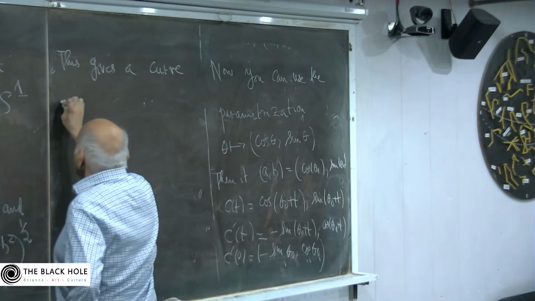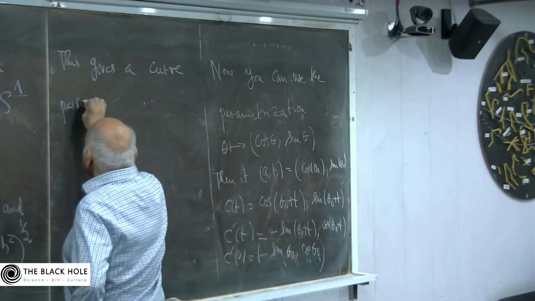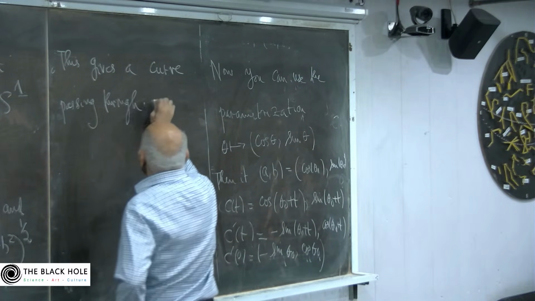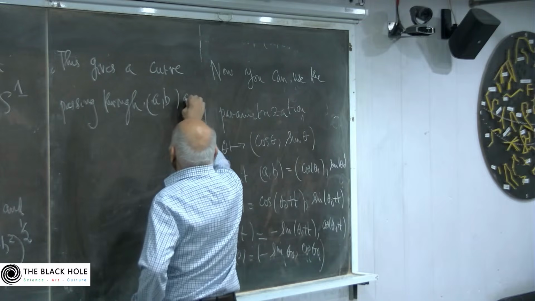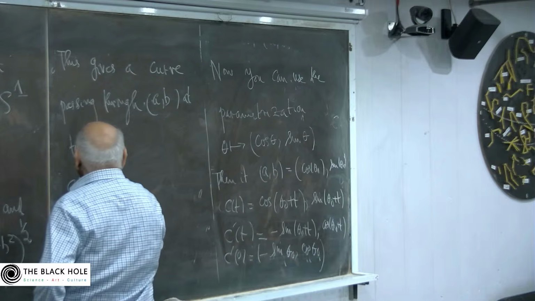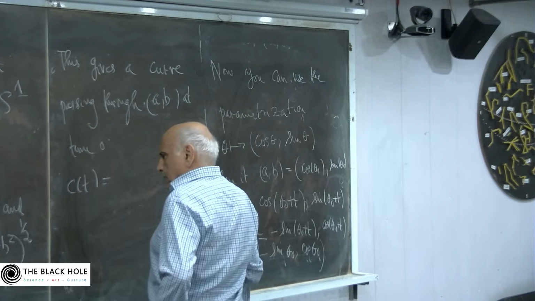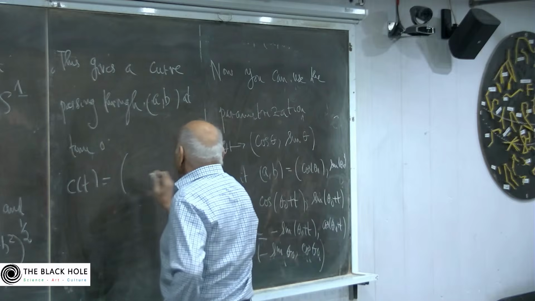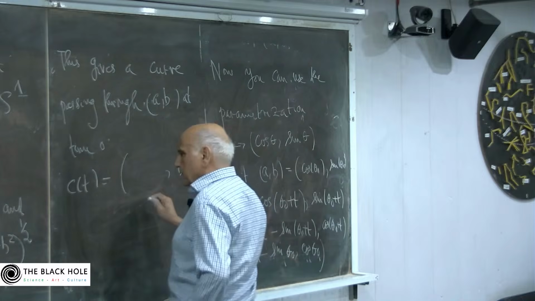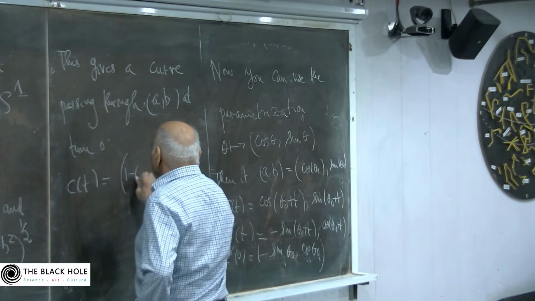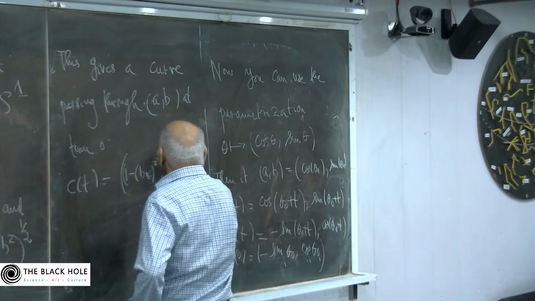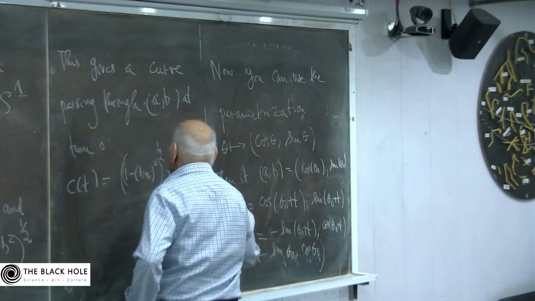A curve passing through (a, b) at time 0. phi of t is equal to, so for b I put b plus t, and then 1 minus (b plus t) square to the power of 1 over 2, right.